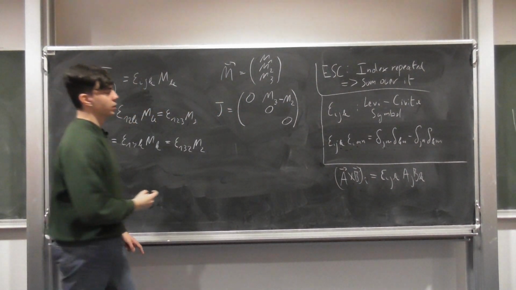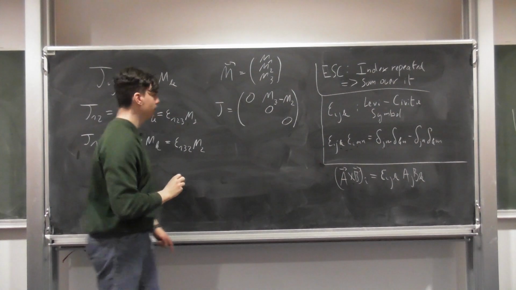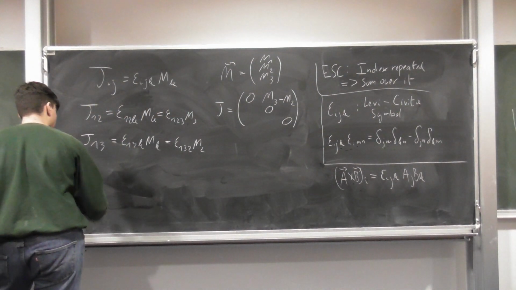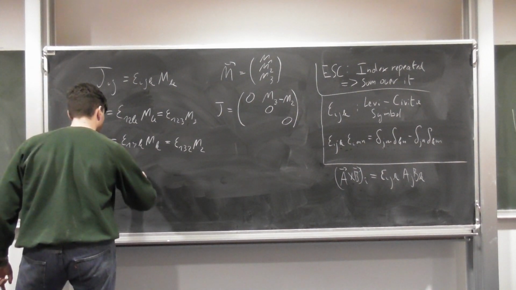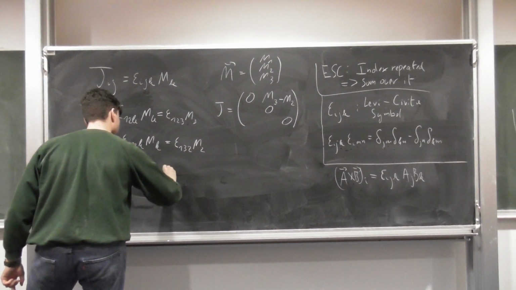And now I'm going to focus on this one. I'll tell you why. If we have J23, which is that entry, that'll give us epsilon 23k m_k.